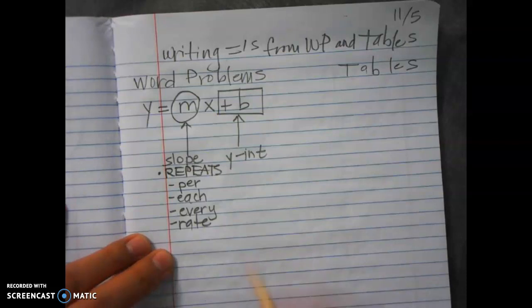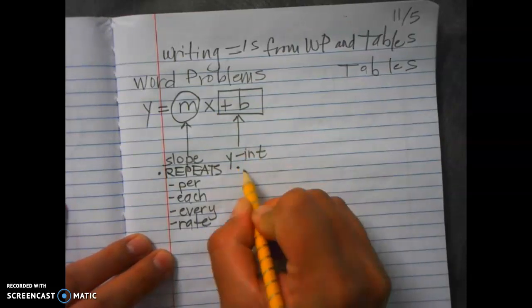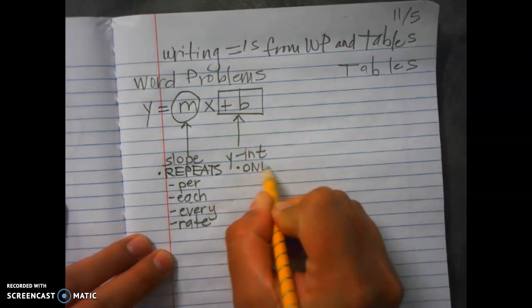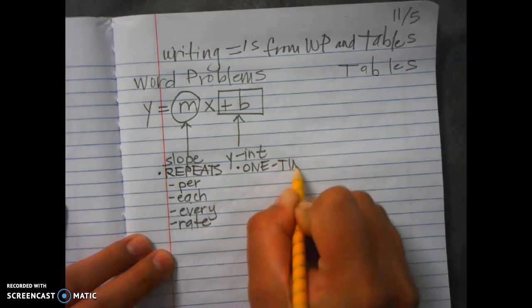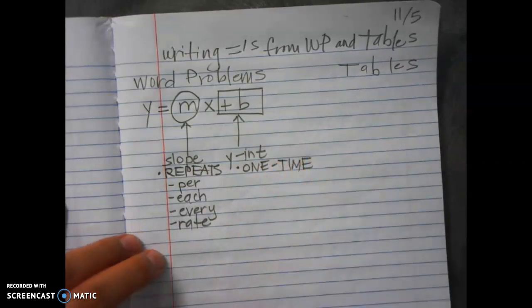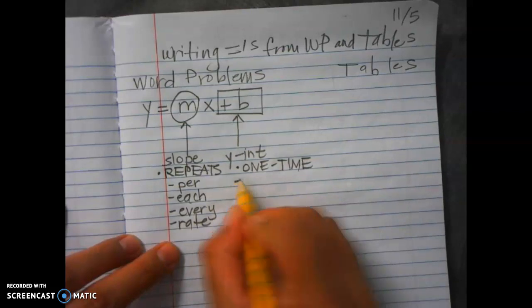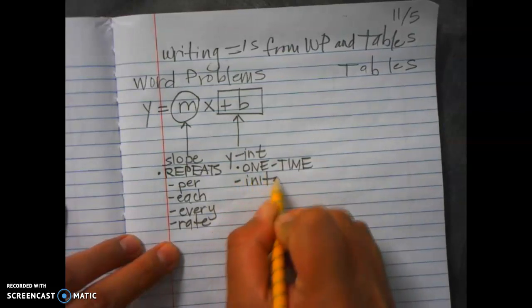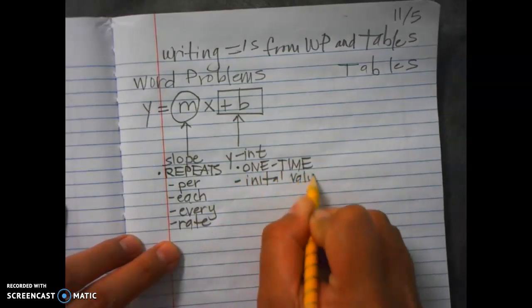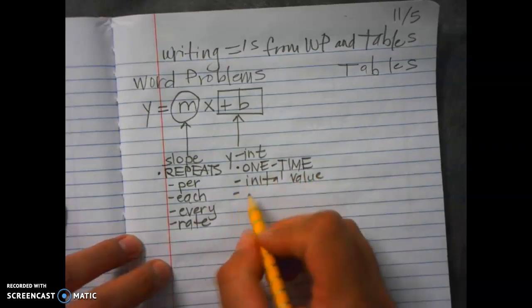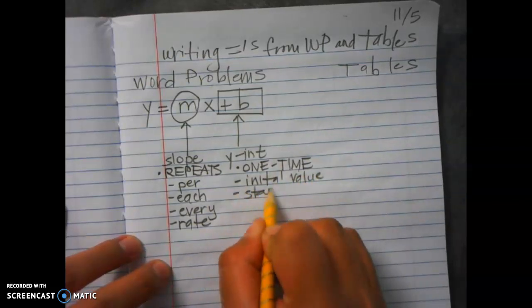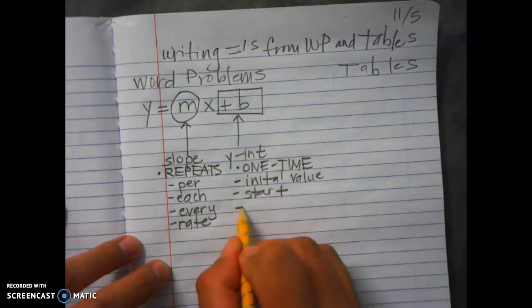And then the y-intercept is the number that happens one time or once. Some things that they might be called are the initial value, the start, our starting point, right? Because we always start with the b, or the beginning.